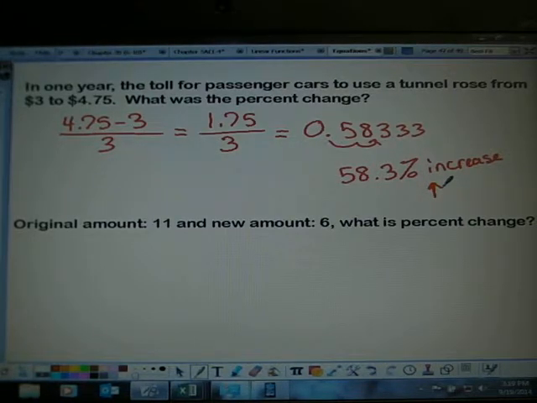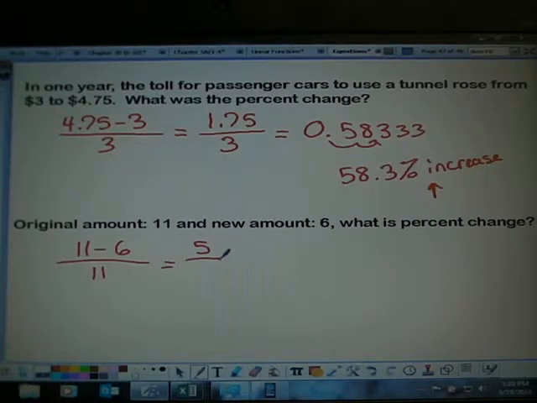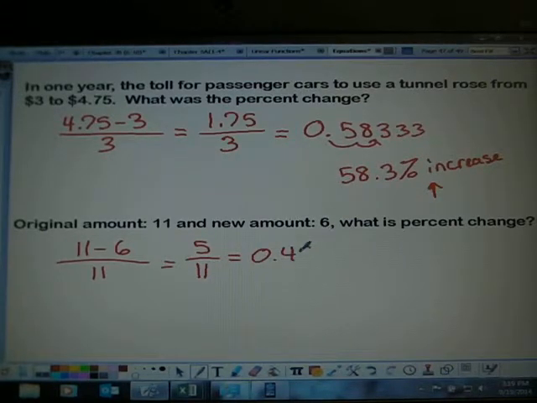The original amount is $11, and the new amount is 6. What is the percent change? So this isn't really a word problem. They just shortened it up, gave you the quick facts. So we have 11 and 6, so it's 11 minus 6 over, which one was the original? Well, it says it right here. Original is 11. Subtract them, you get 5 over 11, which gives you 0.4545454545.